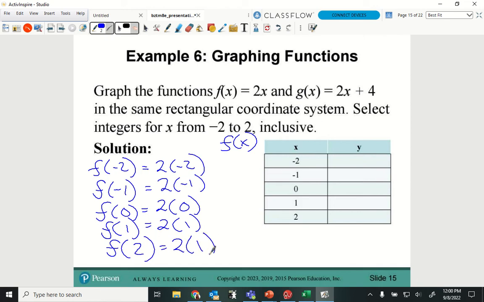So you guys are calculating for me, right? We're plugging this stuff in.